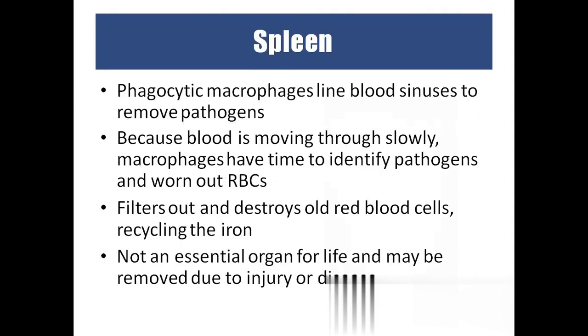So when the blood is moving slowly into the spleen, it will identify the pathogens and kill them. It also destroys RBCs. Once the lifetime of an RBC is completed, it will be destroyed. The spleen filters the old RBCs and recycles the iron, and the remaining bilirubin is sent to the liver for processing. The spleen is not an essential organ. If the spleen is not there in our body, we can still survive.